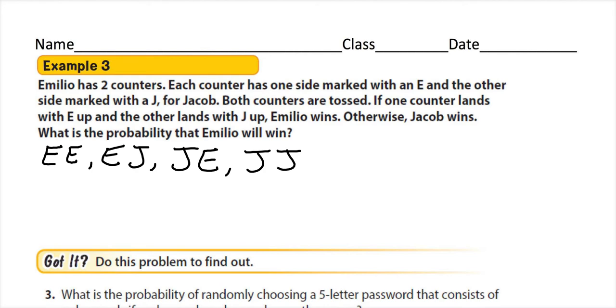And then we need to figure out how many times Emilio can actually win. It says if one counter lands with an E up and the other lands with a J up, so you have to have one of each letter, then Emilio wins. Otherwise, Jacob wins. So it looks like there'd be 2 out of the 4. So 2 out of 4 ways, which would be 1/2. Okay, so the probability of him winning is 1/2 of the time.